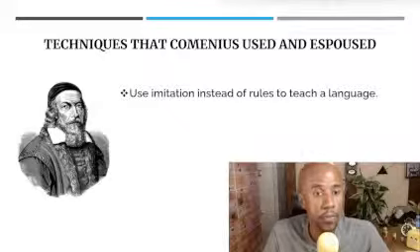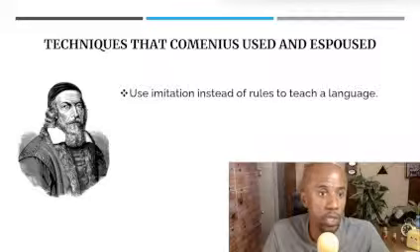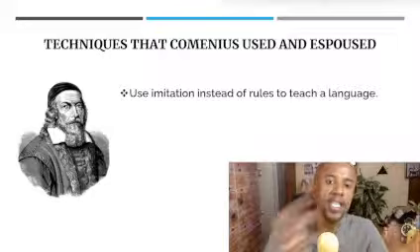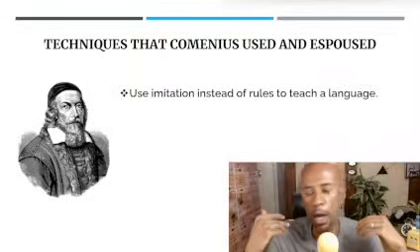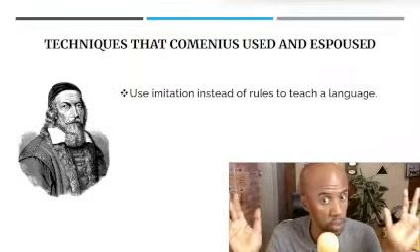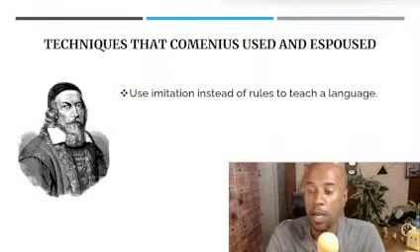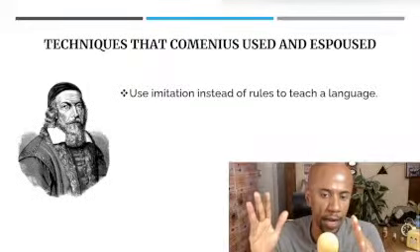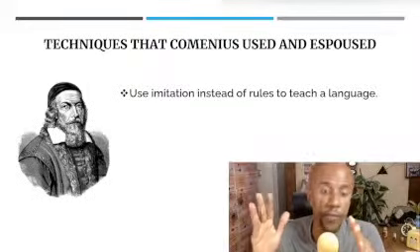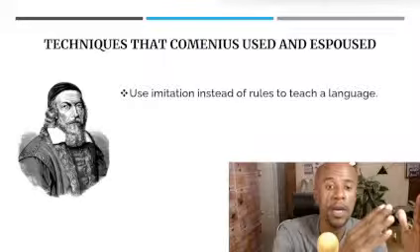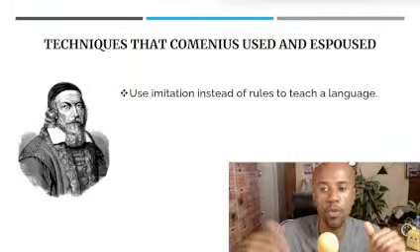Some of the techniques that Comenius used and defended were to use imitation instead of rules to teach language. So you can see here that we have a shift to using the language instead of knowing about the language, a very different shift from knowing about the language and the grammar.